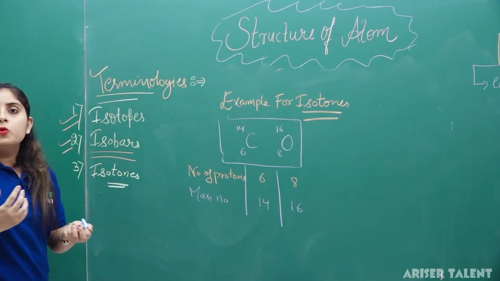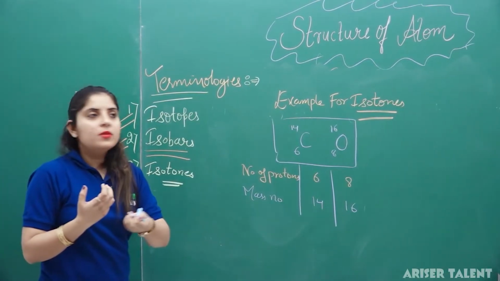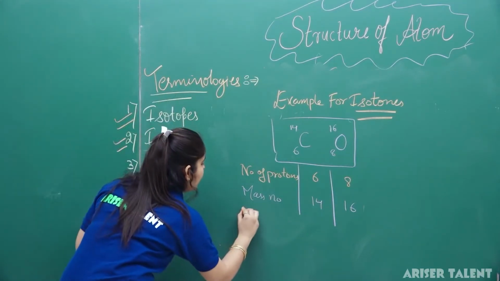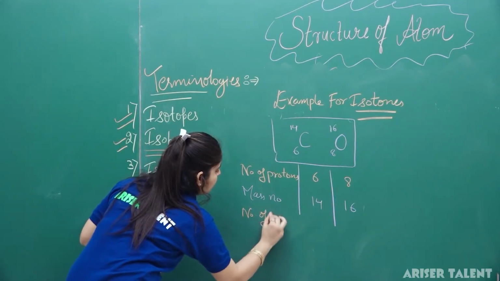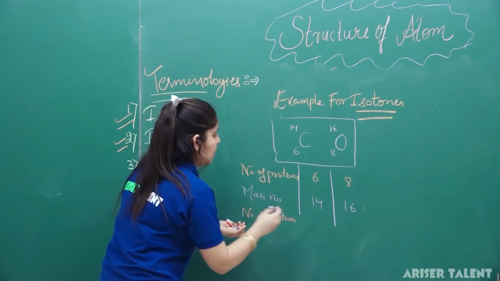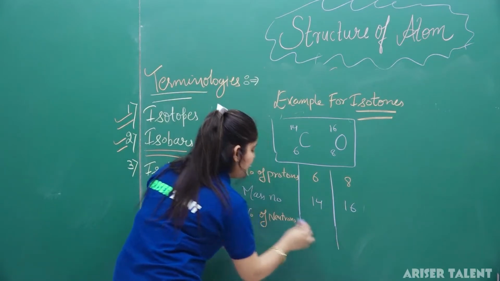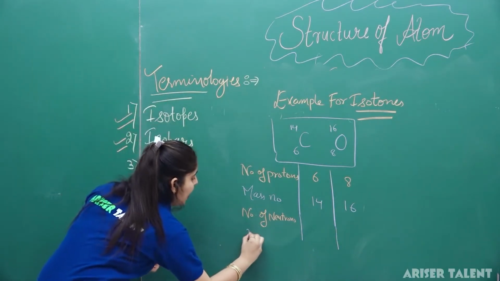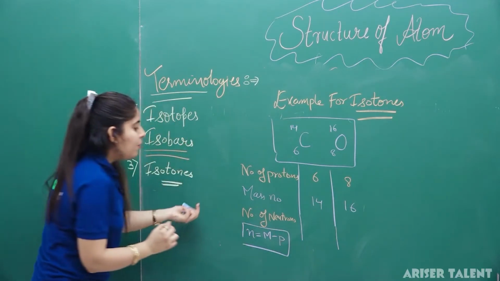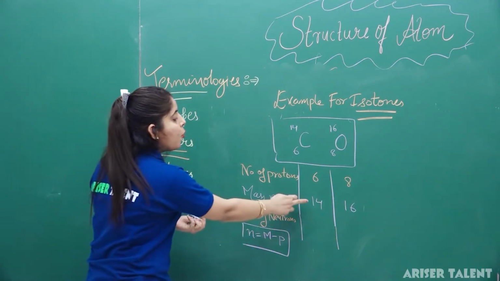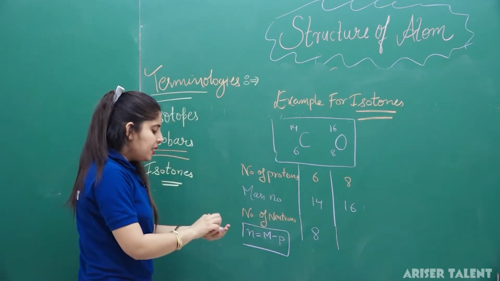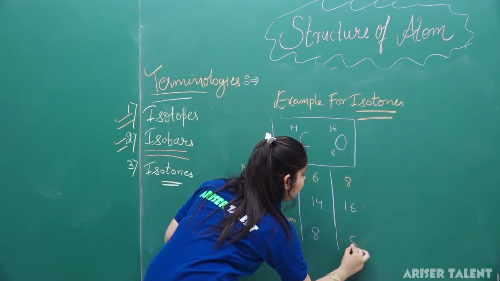Now we want to prove the number of neutrons in both these species. So now we will calculate the number of neutrons. The number of neutrons can be calculated as N is equal to M minus P. So 14 minus 6 gives us 8, and 16 minus 8 again gives us 8.